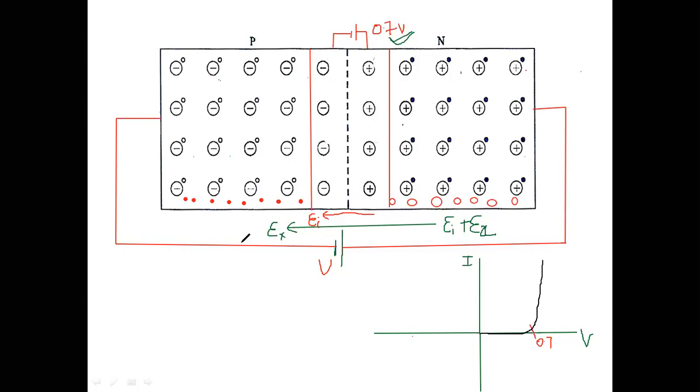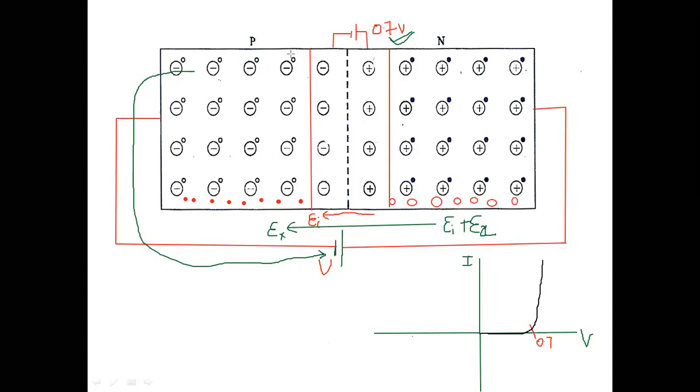And there is another point: these holes, which are positive charge particles, will be attracted towards the negative terminal of the battery or voltage source. So what will happen now?